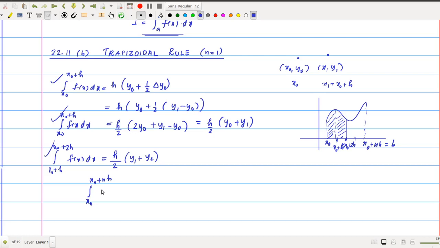So that is in fact our b. So the integral from x0 to x0 plus nh of f of x dx will be h by 2 times, we can add all these quantities, y0 plus yn plus 2 times y1 plus y2 plus etc plus yn minus 1.